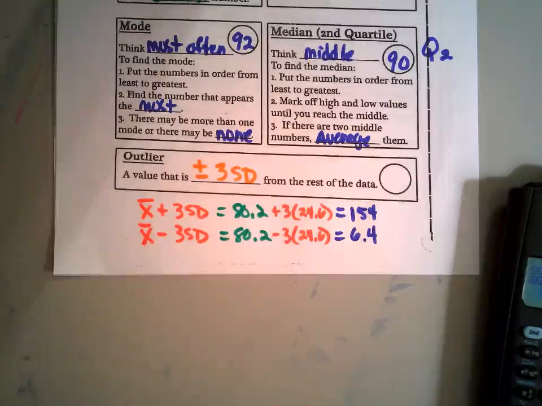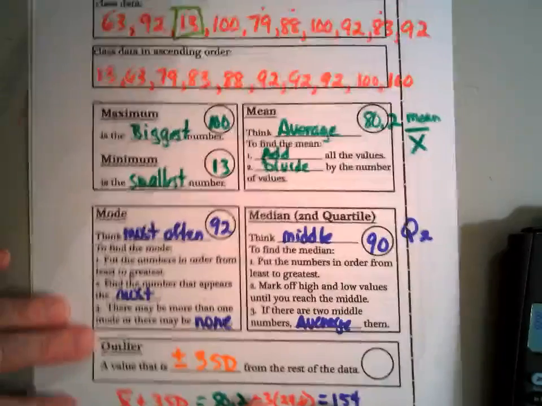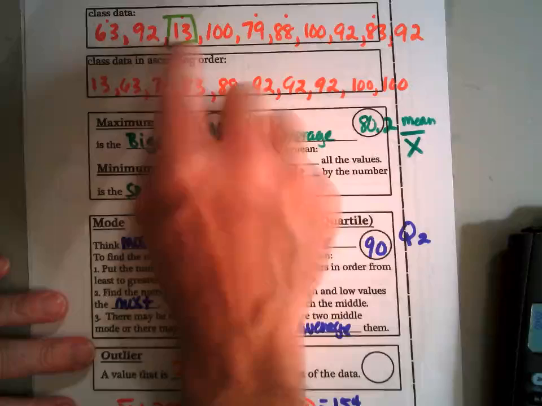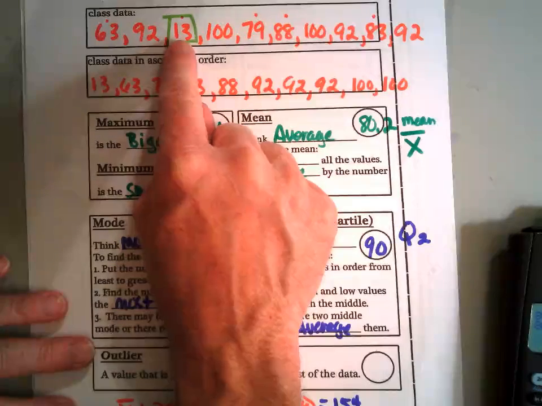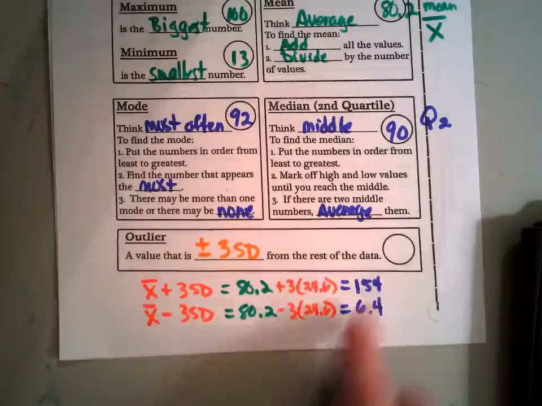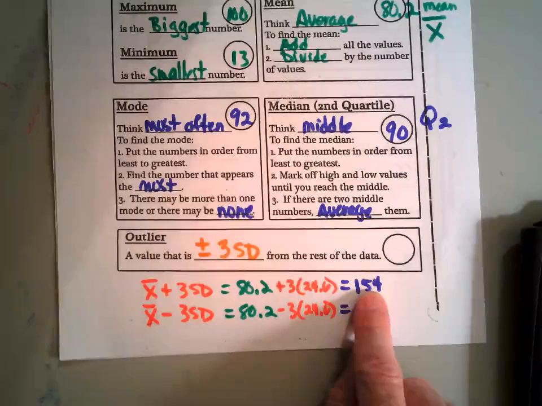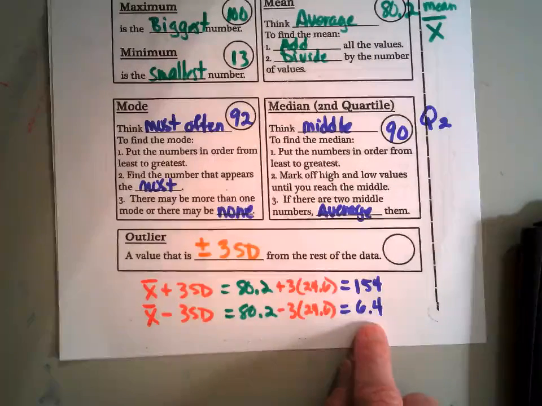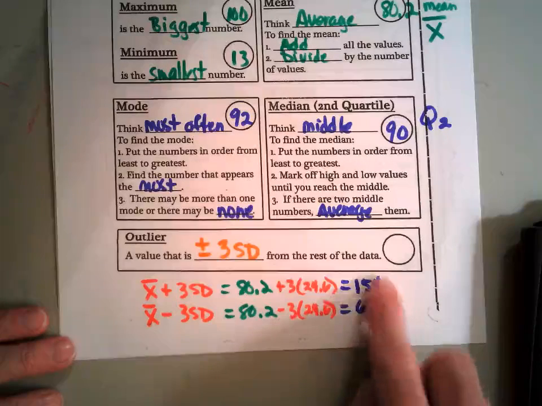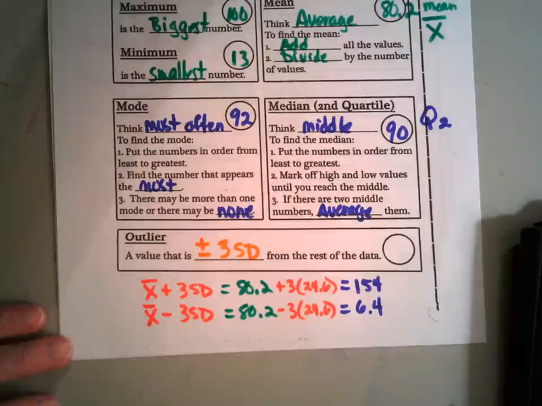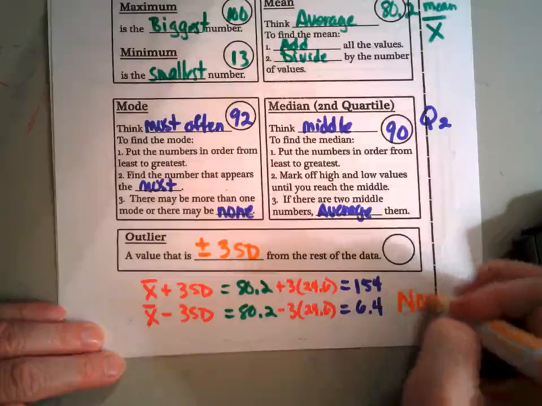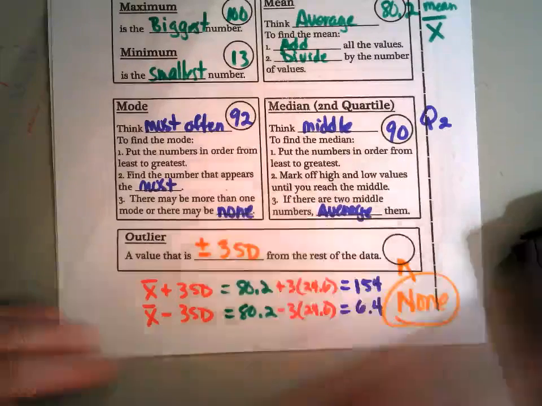All right, so here's the question about outliers. Are any of these data points, and the one you're probably thinking is 13, bigger than 154 or less than 6.4? Do you have any values outside that range? And the answer is no. We have no outliers.